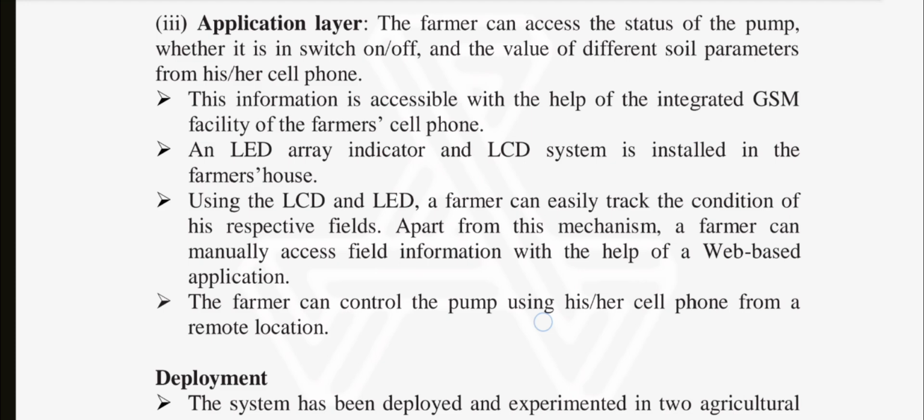Using the LCD and LED, a farmer can easily track the condition of his respective fields. Apart from this mechanism, a farmer can manually access field information with the help of a web-based application. The farmer can control the pump using his or her cell phone from a remote location.